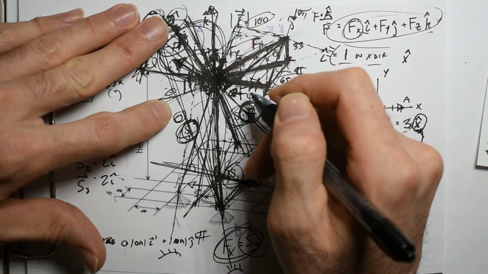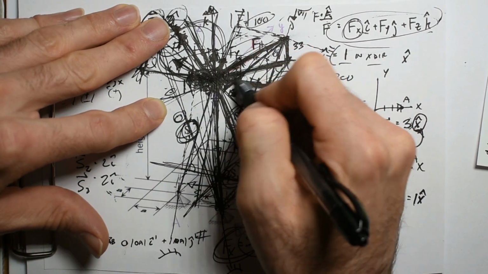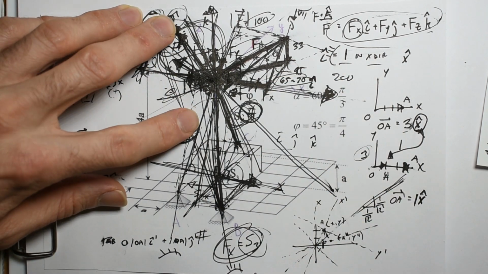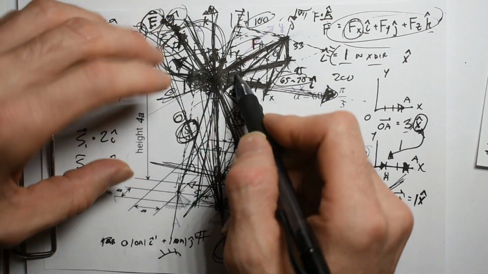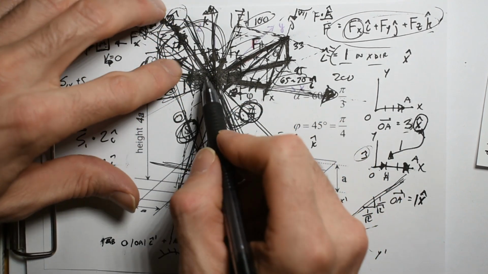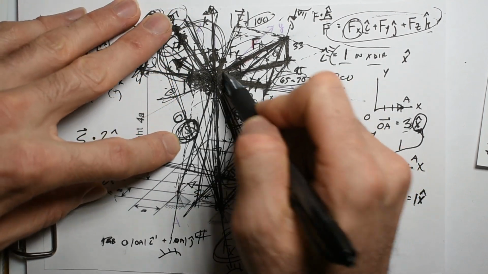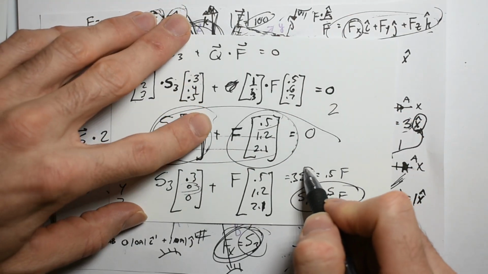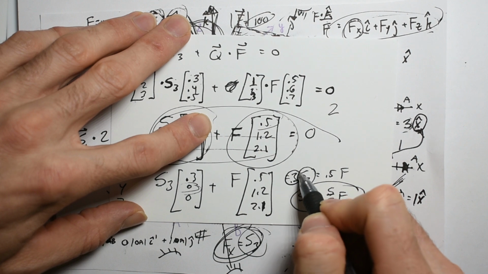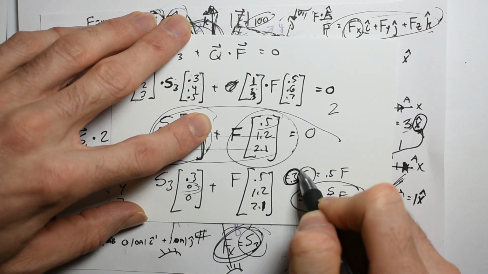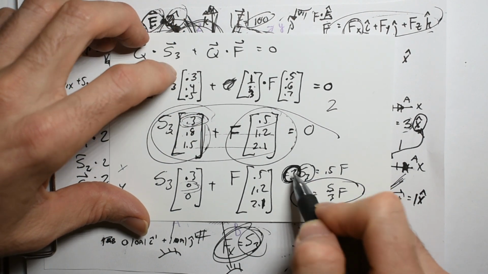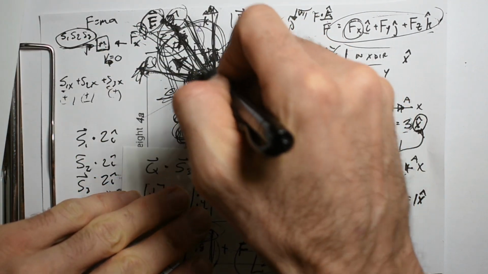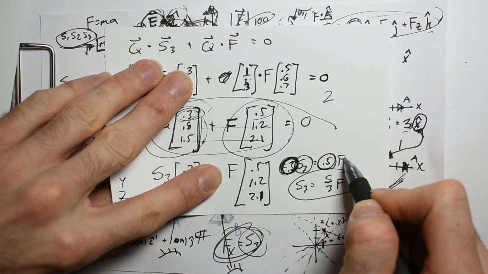You still have to multiply by F, so you're getting a number for that one, a number for that one, and those don't have to be equal, because that number is going to be multiplied by S1, and this number is going to be multiplied by F, so that's where you get S3 times that dot product in that direction of the perpendicular from S1 to that cross product direction, and this is 0.5.